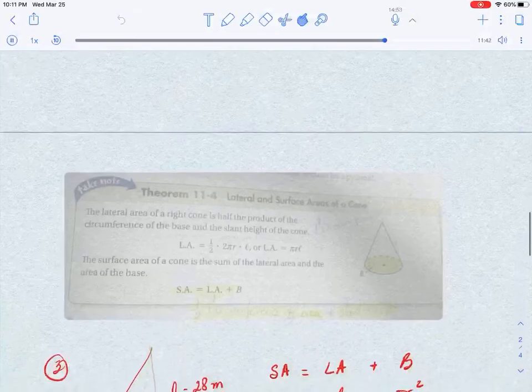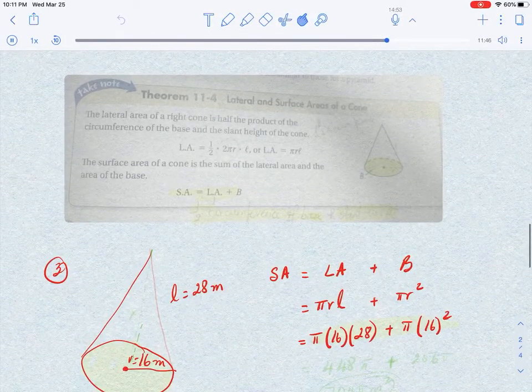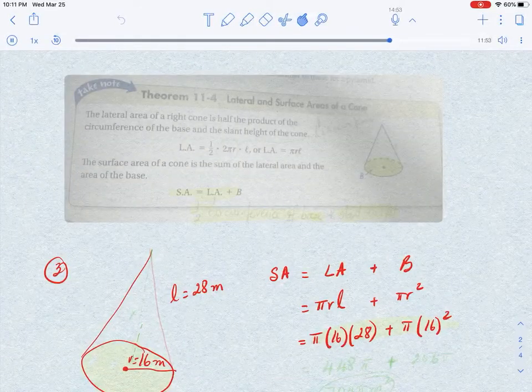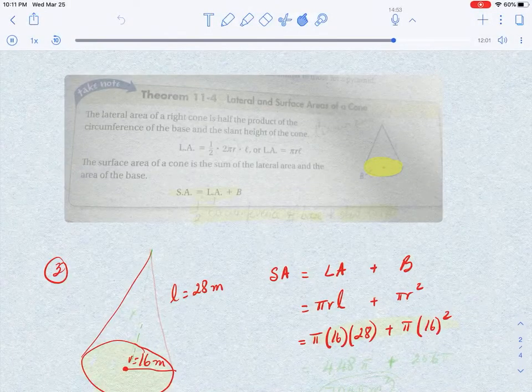For this problem, this is the cone. Remember yesterday we were talking about a cylinder. A cylinder has 2 bases, that is why you have 2. For this one, it is a cone, so a cone has just 1 base only, and it is smaller than a cylinder. A cylinder will have 2 pi r times the height.